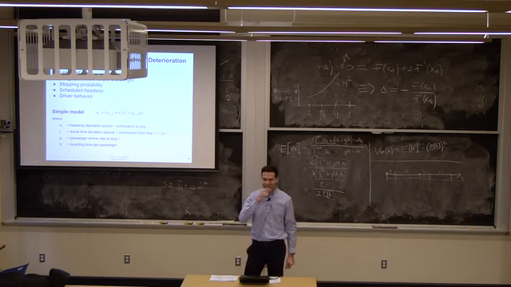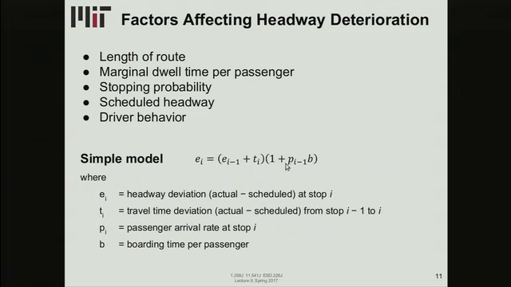This is only extra. Exactly, because this is a model of headway deviation. So you have this passenger arrival rate and the boarding time, but you're not multiplying by the whole headway. You're multiplying by the headway deviation. The deviation when you arrive at this stop is the deviation when you arrived at the previous stop, plus the time it took you to reach this stop from that time.